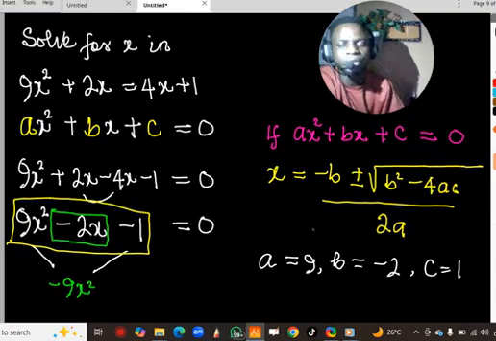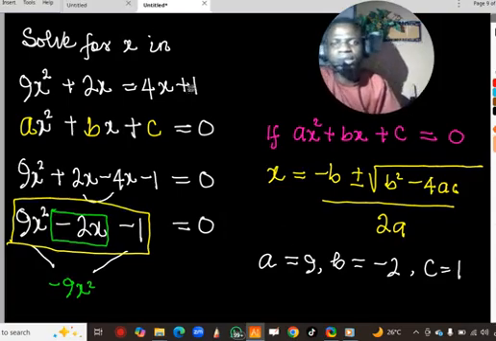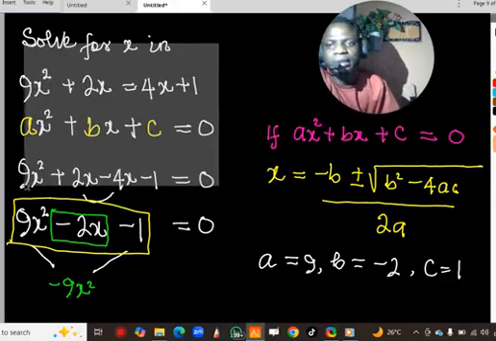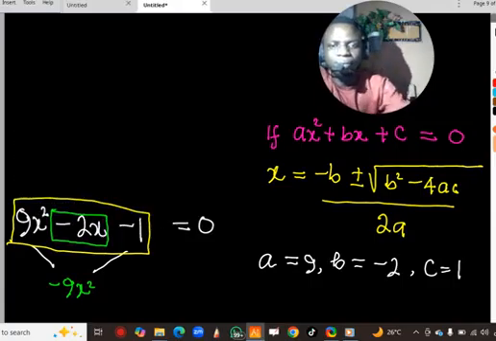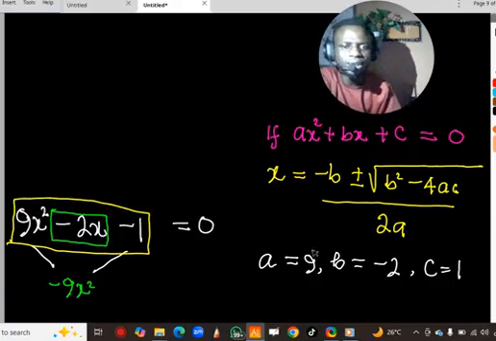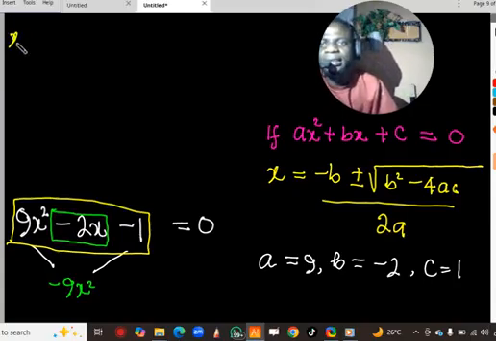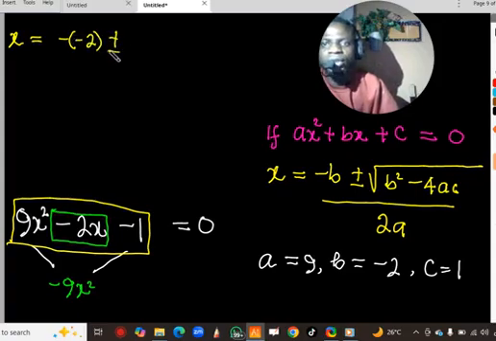All right. So let's put all this into the equation. So we have that our x equals negative, our b is negative 2, plus or minus the root of our b again, negative 2, all squared.